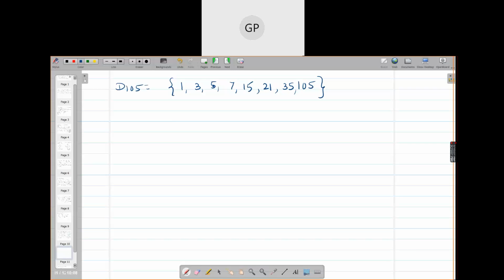So can you tell me how should I draw? I will draw a cube directly. You tell me which elements I should write where. Okay.